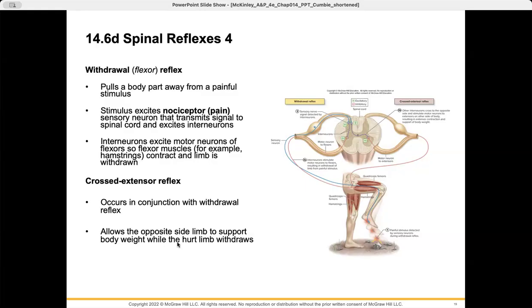These allow the opposite side limb to support body weight while the hurt limb withdraws. So if we have this hurt limb, this foot with these other muscles withdrawing, this cross extensor reflex allows us to basically create a good foot to stand on. Right here, this cross extensor allows us to bear the weight onto there while we do the withdrawal reflex with the opposite leg. These are some of your basic spinal reflexes.